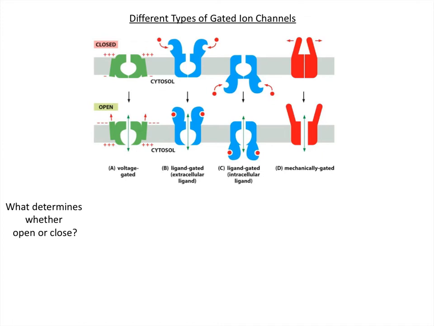For this first one, we see these different colors for the ion channel proteins, and they're all in the membrane. Outside of the cell is up, and the inside of the cell is down. For this voltage-gated channel, the determining factor is membrane potential.